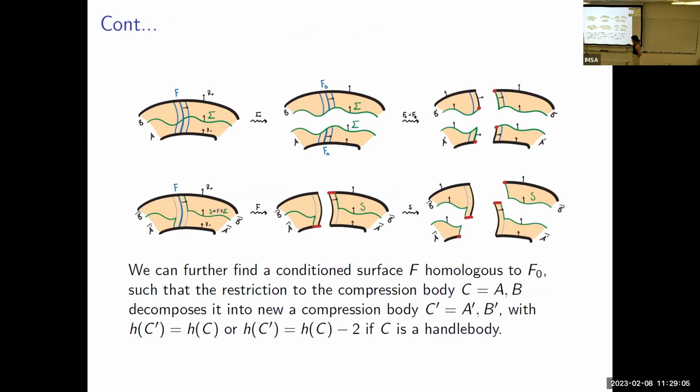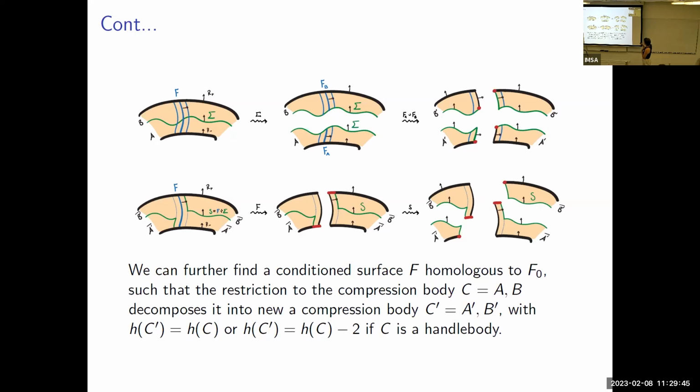Further, we can find a conditioned surface F that is homologous to F0, such that the restriction of this surface F, as you can see in this picture, to the compression bodies A and B decomposes those compression bodies into compression bodies, also by the results I mentioned.